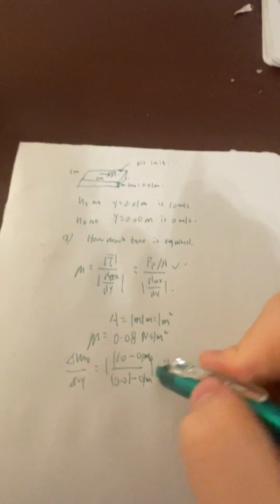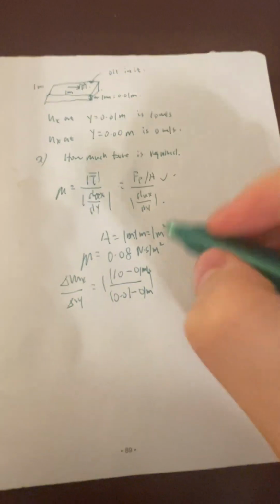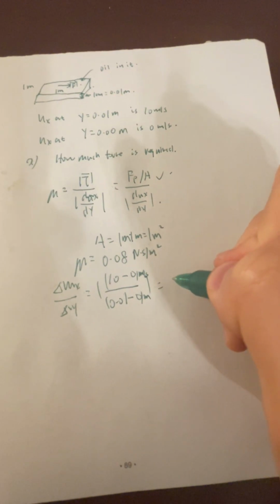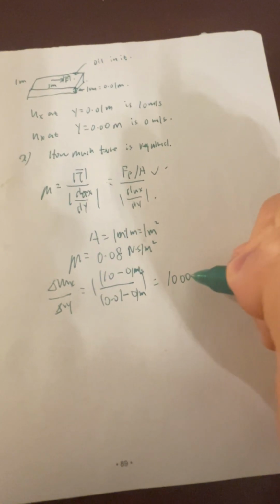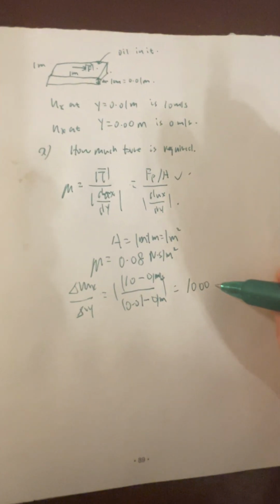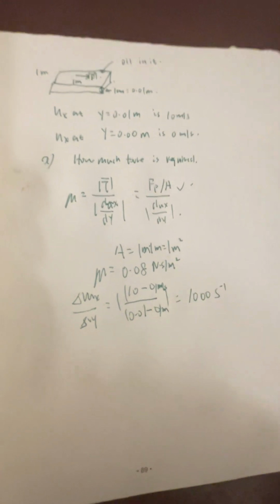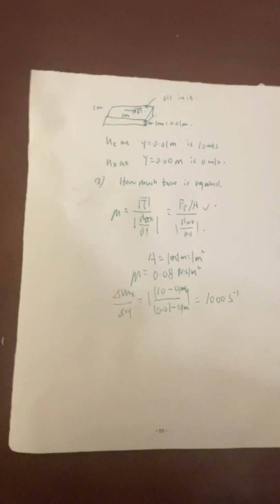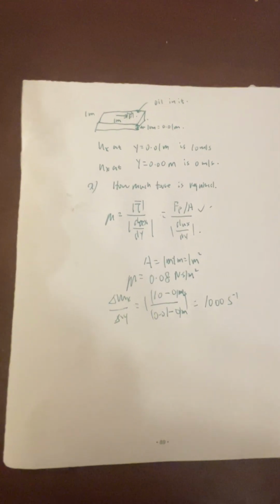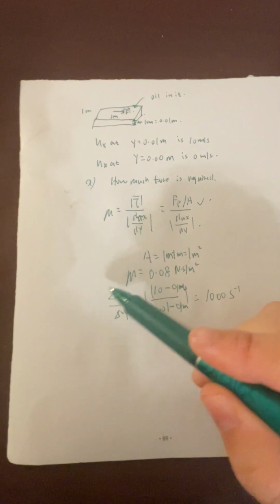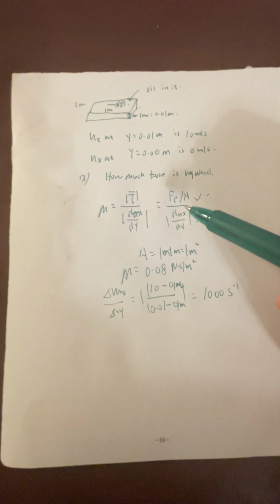So we can erase this. The final result will be 1,000 second to the power of negative 1. We can use this to estimate the gradient in this question.